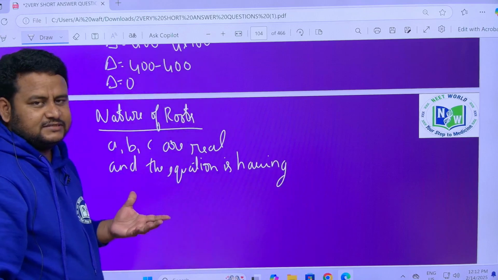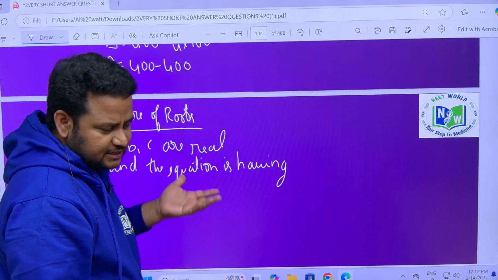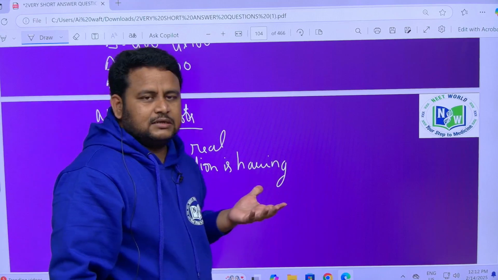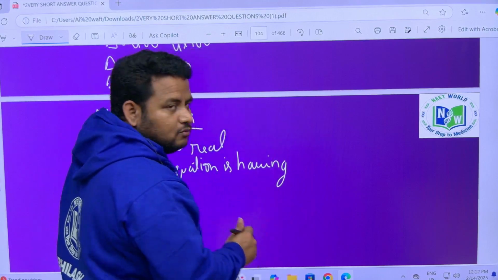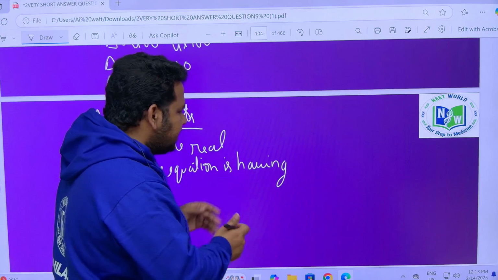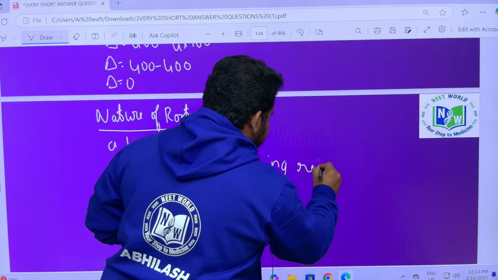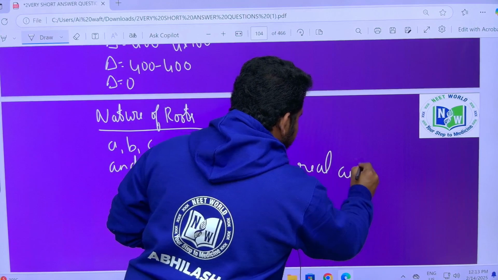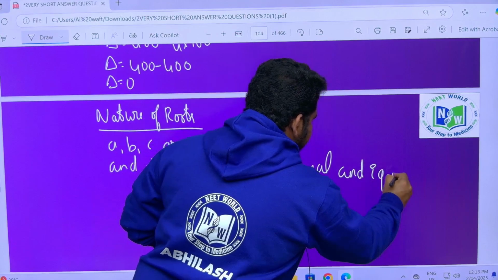When discriminant is equal to 0, the equation is having what kind of roots? Real, and it is real and equal roots. It is having real and equal roots.